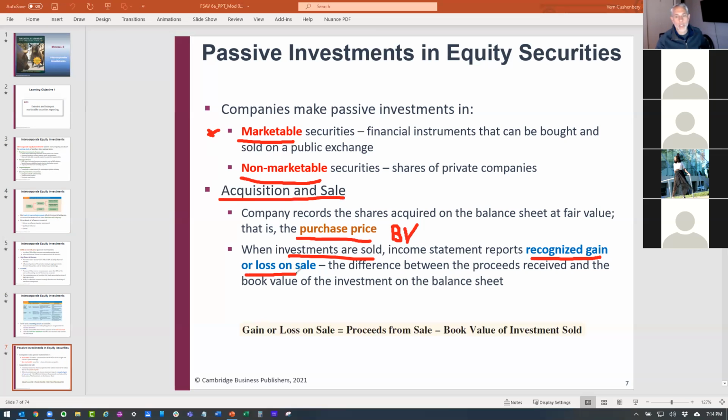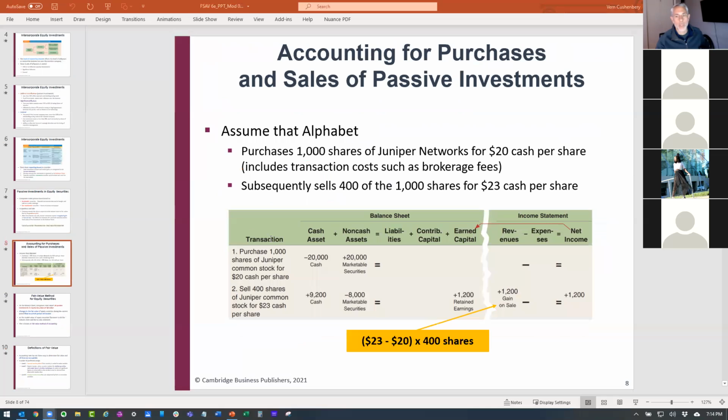So gain or loss on sale equals the proceeds from the sale less the book value of the investment sold. That part's pretty easy. The treatment with regard to how we recognize any fluctuations in the value between the time we buy it and sell it differs a little bit. Let's take a look at an example of a passive investment.